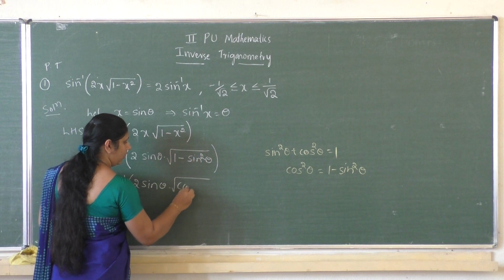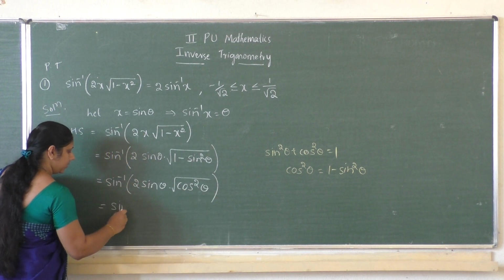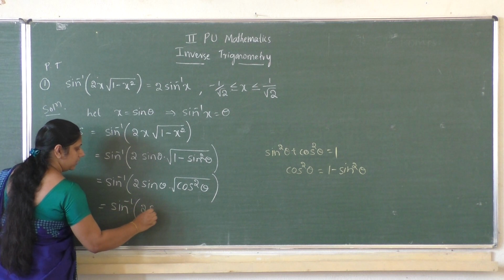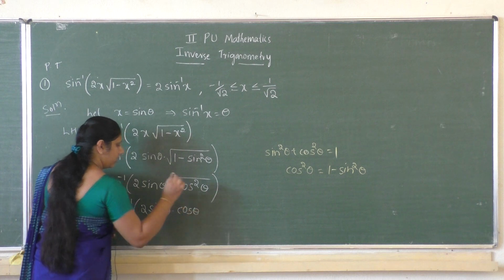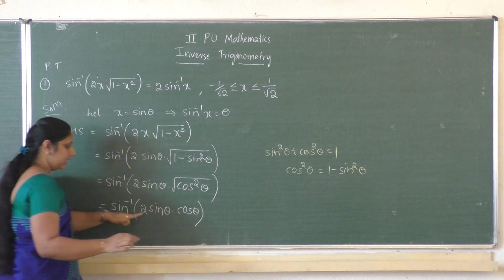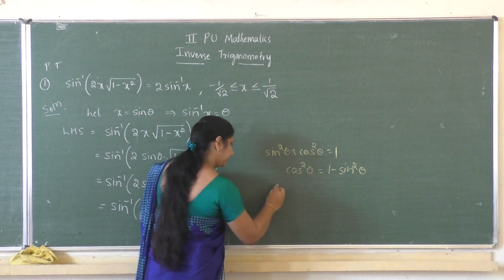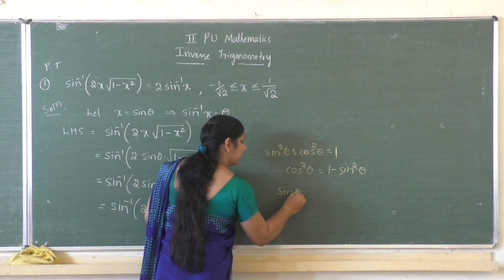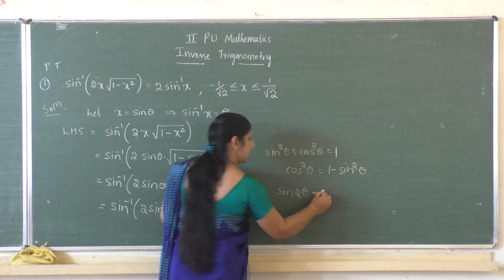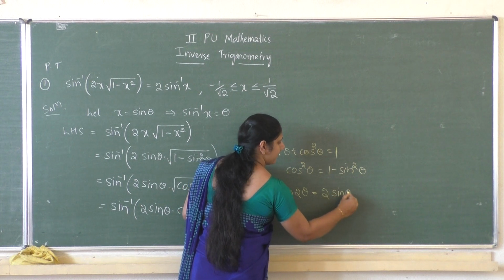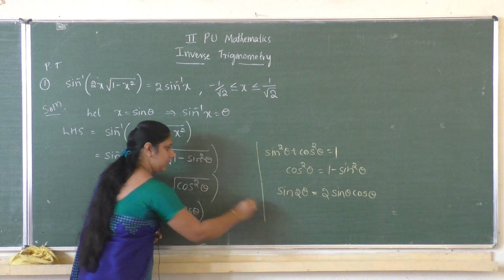So in the place of 1 minus sin square theta, we can write the term cos square theta. So it is root of cos square theta, which is equal to sin inverse of 2 sin theta into root of cos square theta, cos theta. Now see this term 2 sin theta cos theta. Trigonometry formula, we have the formula of sin 2 theta as, what is the formula? It is 2 sin theta cos theta.